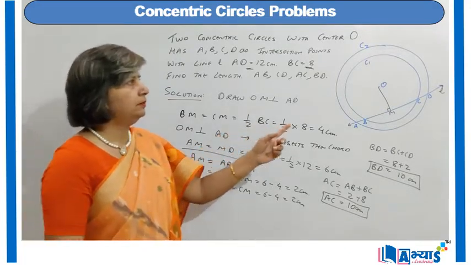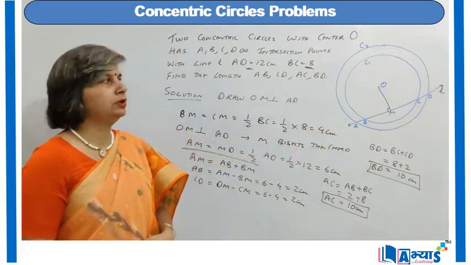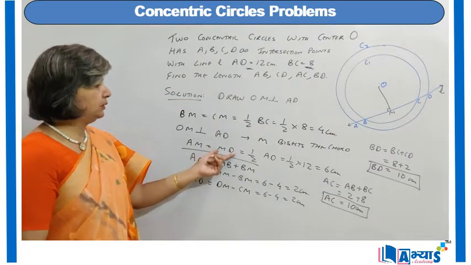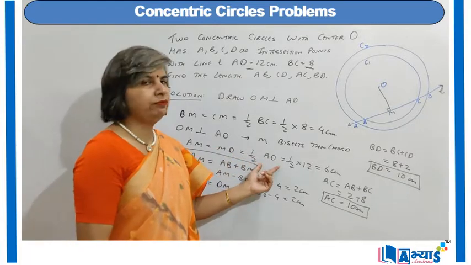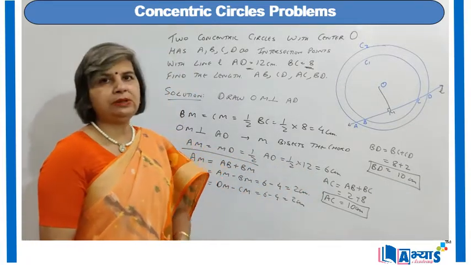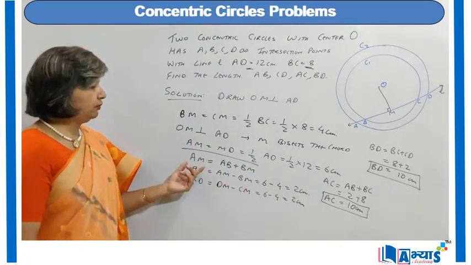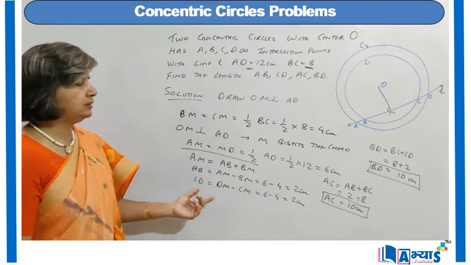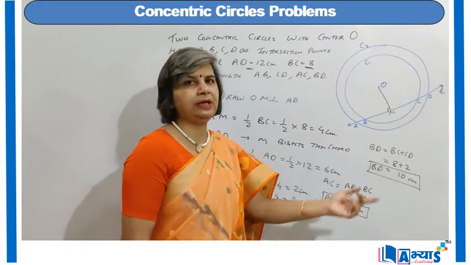Similarly, M is the midpoint of AD also, because OM is perpendicular to AD also. So AM is equal to MD is equal to half of AD, or half of 12, that is 6 centimeters. Then we found the value of AB, and then we found the value of CD. Similarly, we found the value of AC and BD.